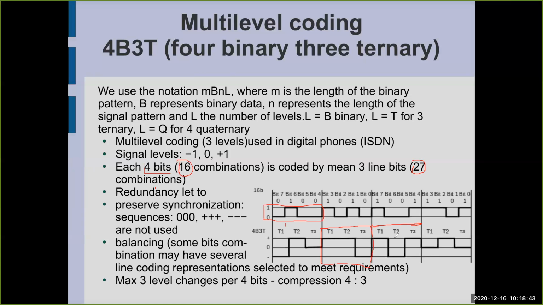This is a very important feature. The second feature is that because we have 3 line bits instead of 4 bits of data, I can achieve a compression. The compression is 4 to 3 times.